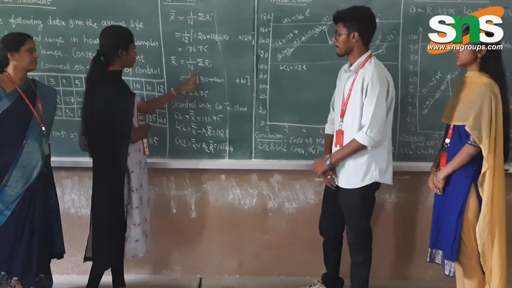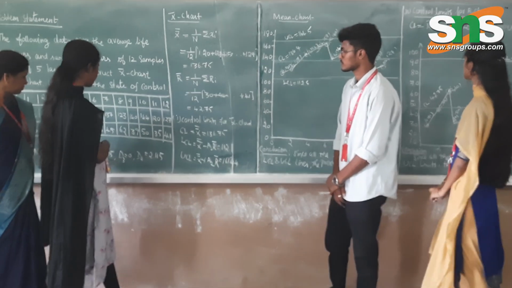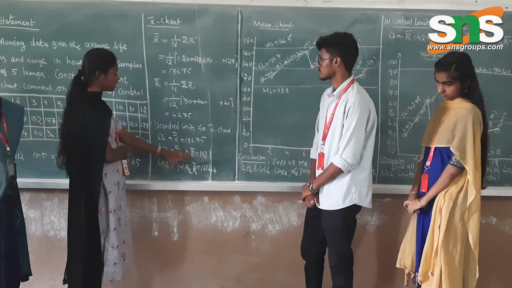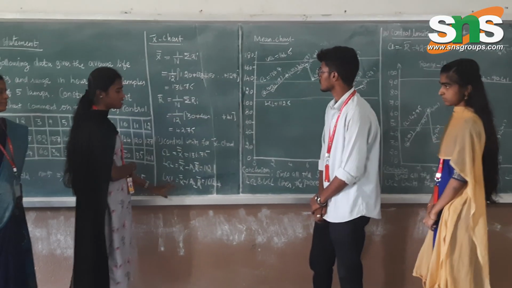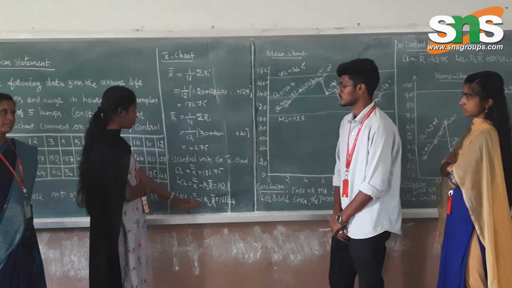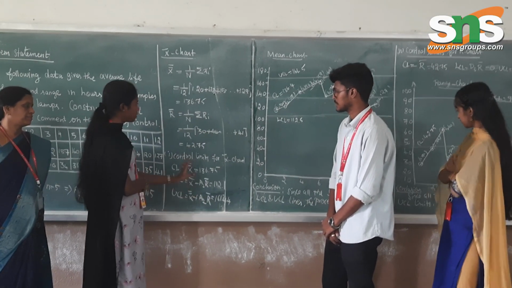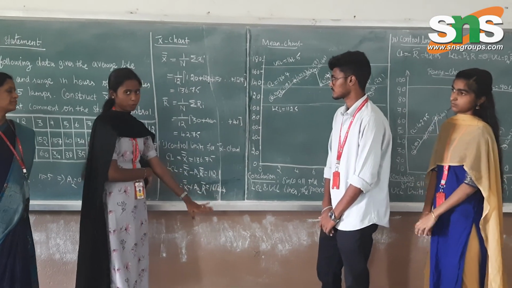The X double bar value is 136.75, the A2 value is 0.5775, and R bar is 42.75. Assigning all the values, we get 112.1. UCL is the upper control limit. Our formula is X double bar plus A2 R bar. Assigning all the values, we get 161.44.